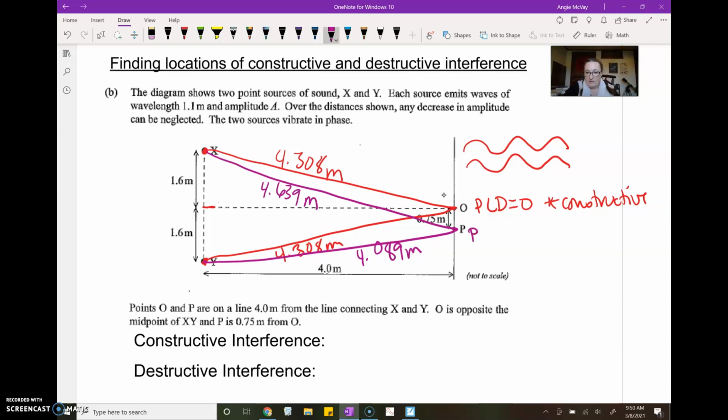The path length difference, the difference in the distances that the waves travel to get to point P, is literally subtract those distances: 4.639 minus 4.089, and you get a path length difference of 0.55 meters. How does that compare to the wavelength of 1.1 meters? It's exactly half.